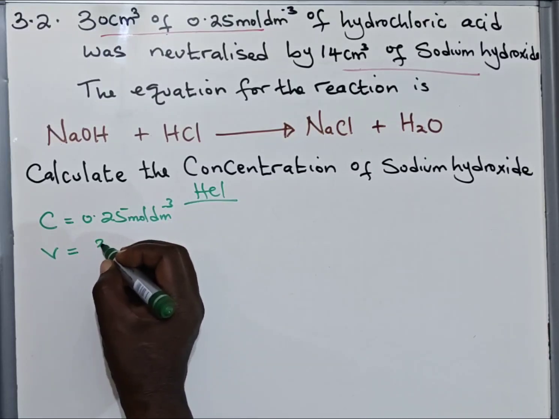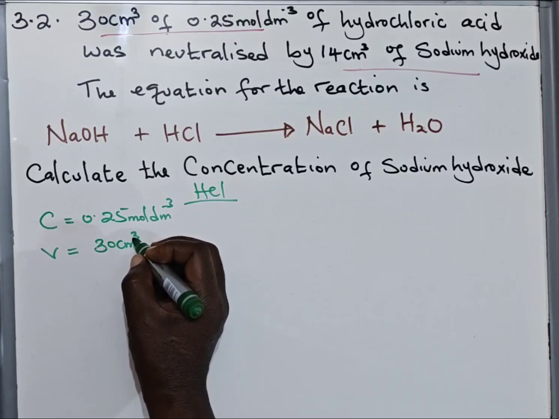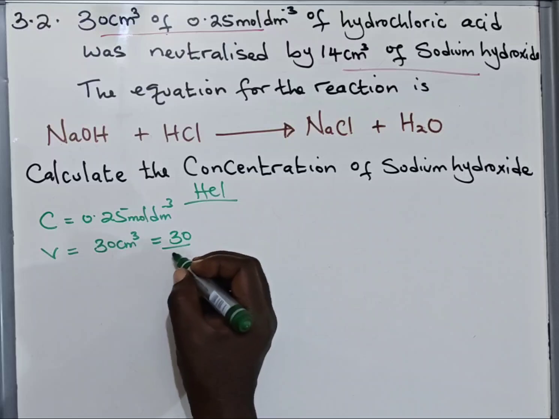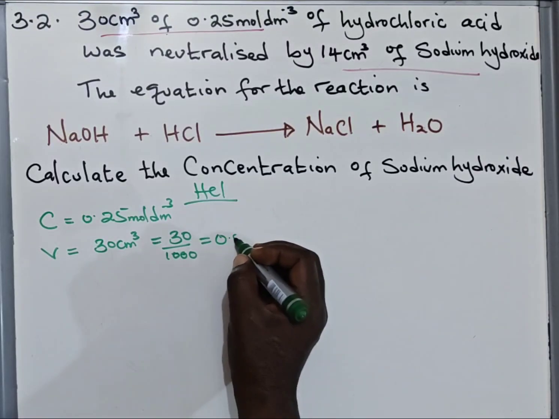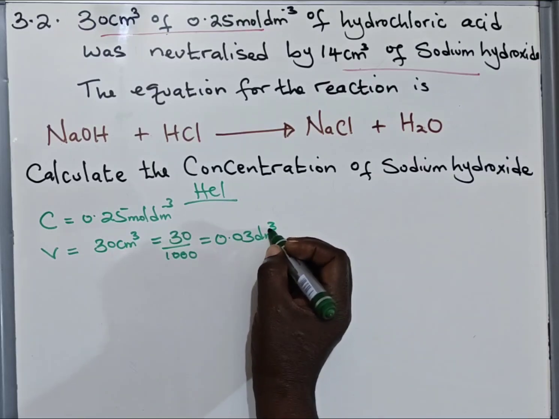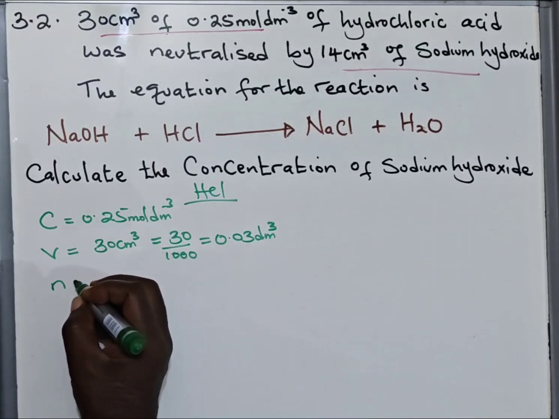The volume is 30 cubic centimeter. Converting it to SI unit, you are going to divide it over 1000, giving you 0.03 cubic decimeter. And what are we calculating? We are calculating number of moles.